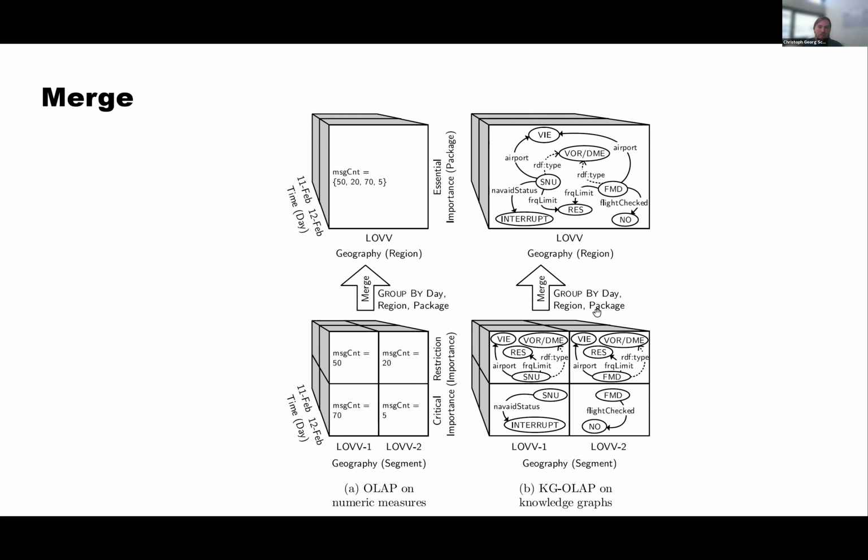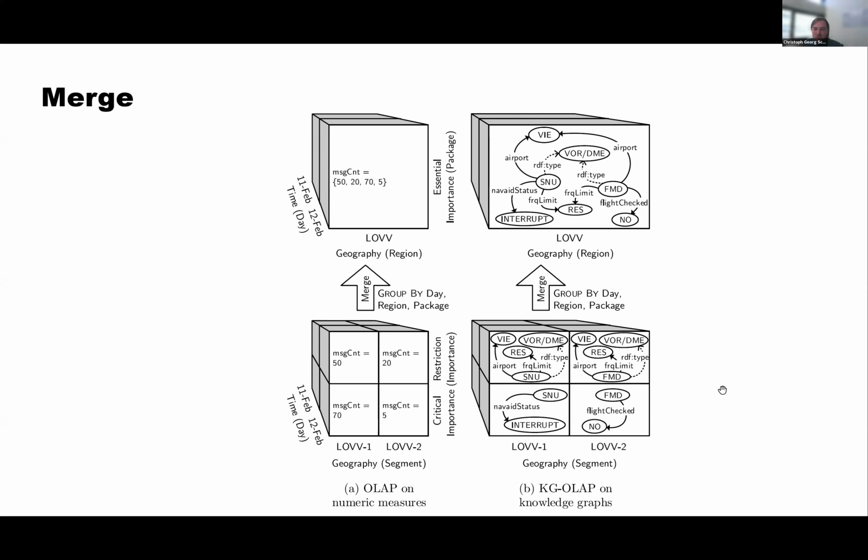We can then distinguish two different kinds of operations. On the one hand, we have the merge operation, which in traditional online analytical processing basically corresponds to a group by, where we take all the numeric values from the different cells and put them together.